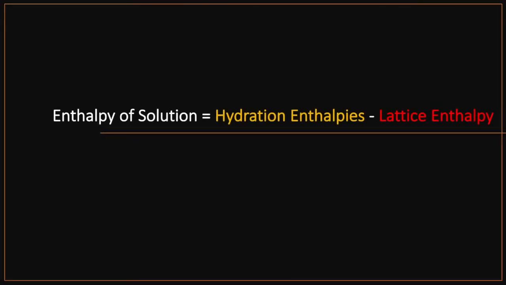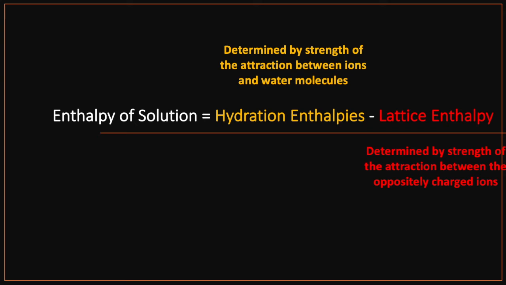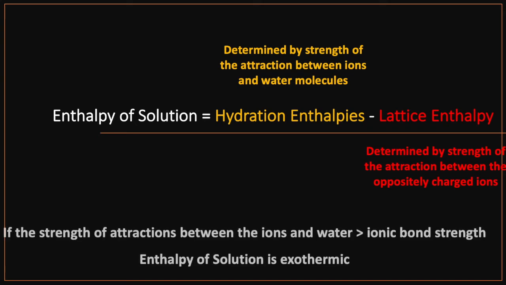So we know that the enthalpy of solution is equal to the hydration enthalpies minus the lattice enthalpy. The hydration enthalpy gives us a measure of the strength of the attraction between the ions and water molecules, whereas the lattice enthalpy is determined by the strength of the attraction between the oppositely charged ions.